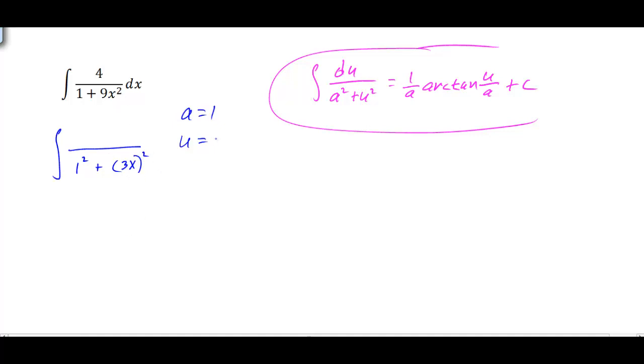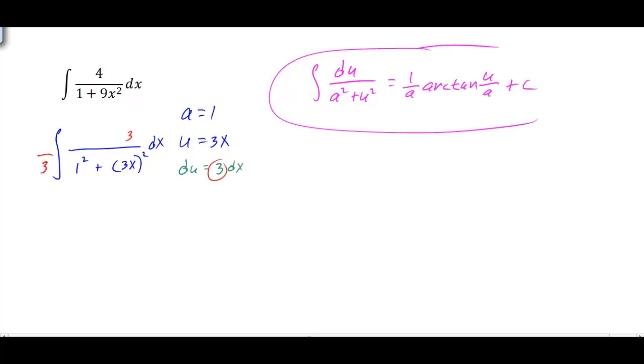So therefore, it looks like u is going to be 3x. And we take the derivative, then our derivative is going to be 3 dx. Now, we have the dx, but we are missing the 3. So we need to multiply once again by 3, and then a 1/3 out front.